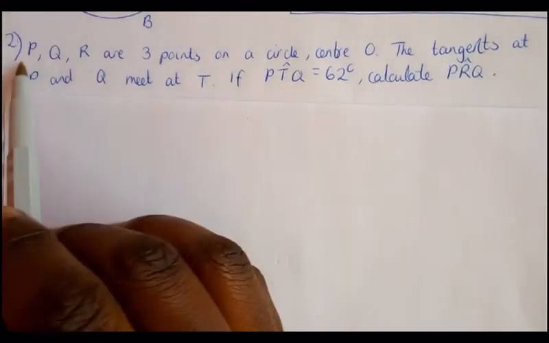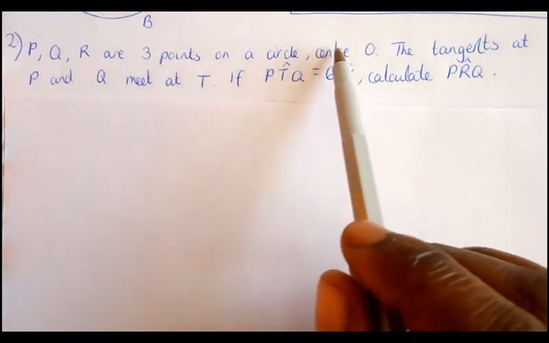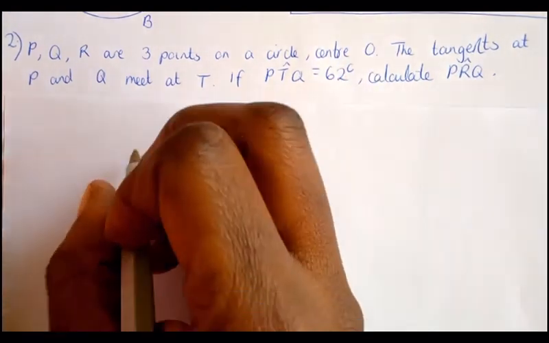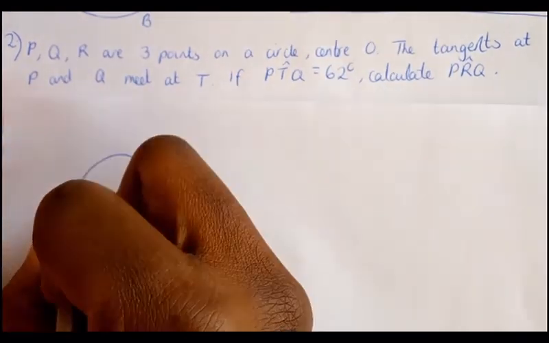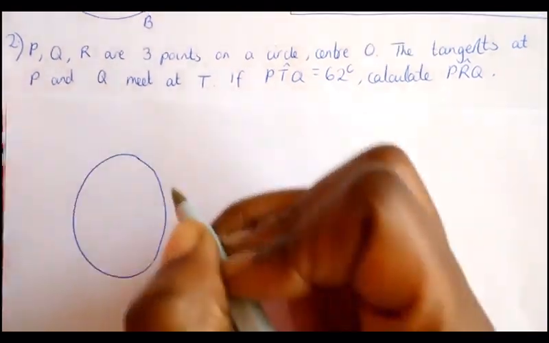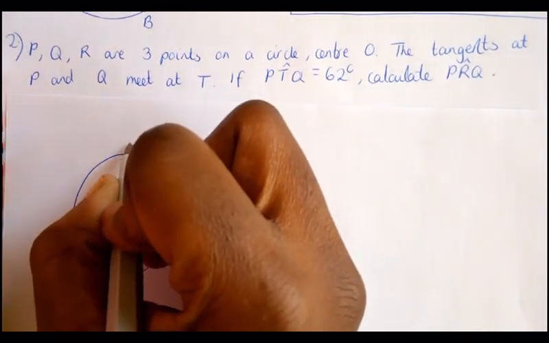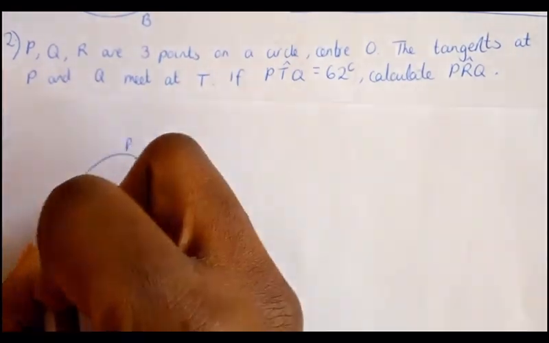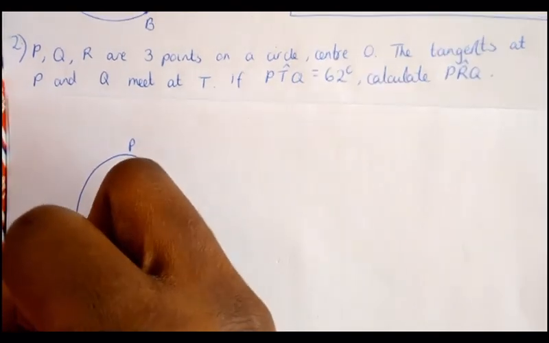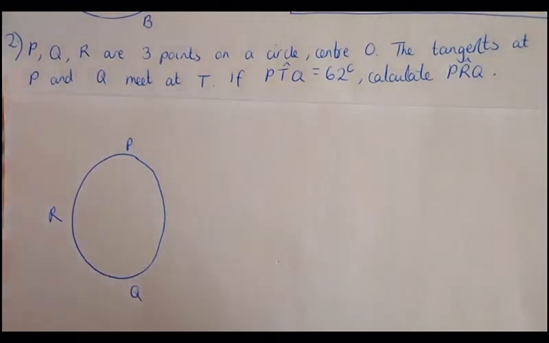For number 2, we are given that P, Q, R are 3 points on a circle center O. So we have this circle center O with P, Q, and R as 3 points on it.